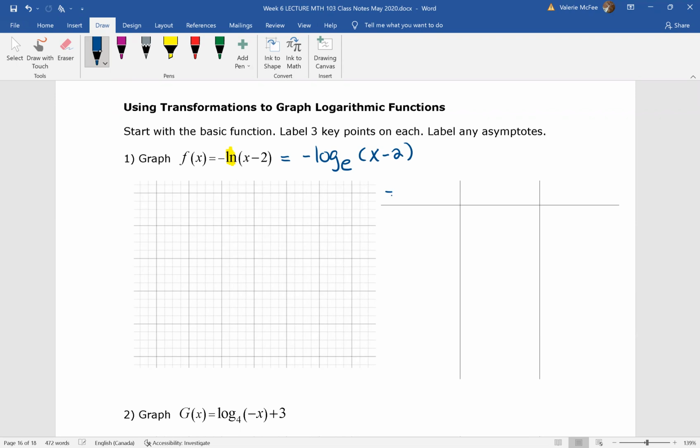So we're going to start with that basic log base e of x. We know those ordered pairs: 1 over e, negative 1; 1, 0; e, 1; and a vertical asymptote of x equals 0. We want to do that reflection next.